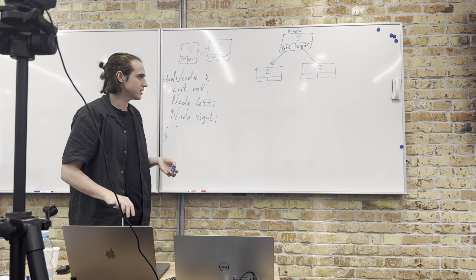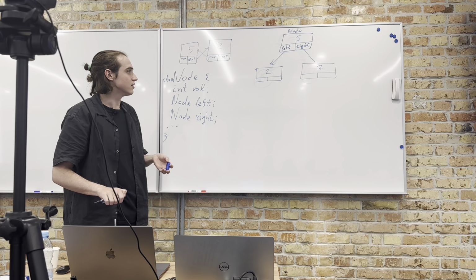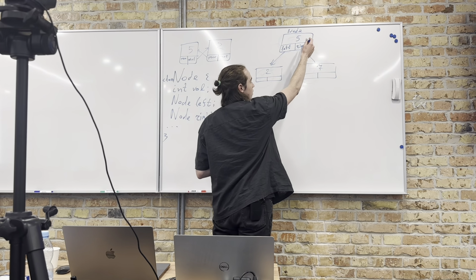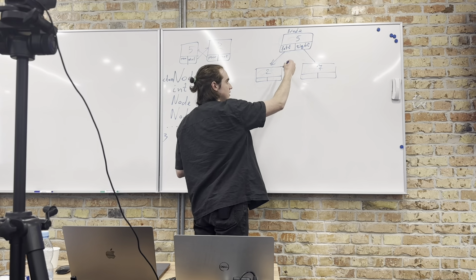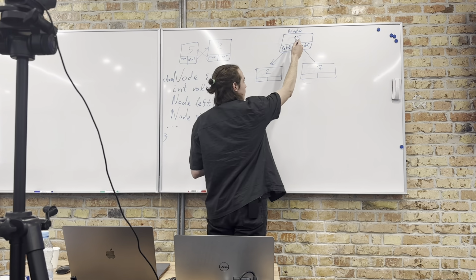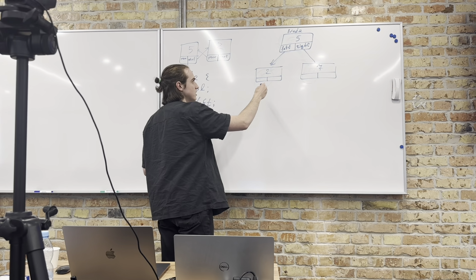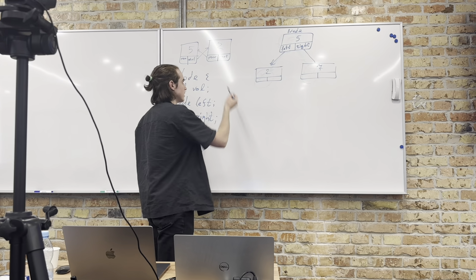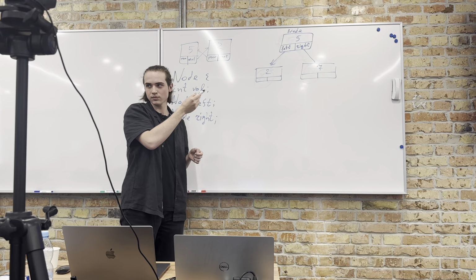Like in the linked list, we have a class BinaryTree where we can store our root, because our root is our entry point into our tree. Because if we have the root, we can have access to any element using those references, like in the linked list. Is this clear?